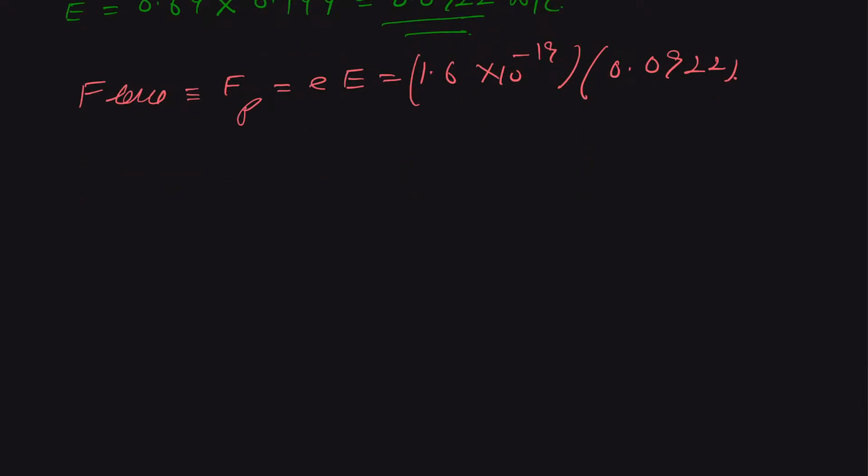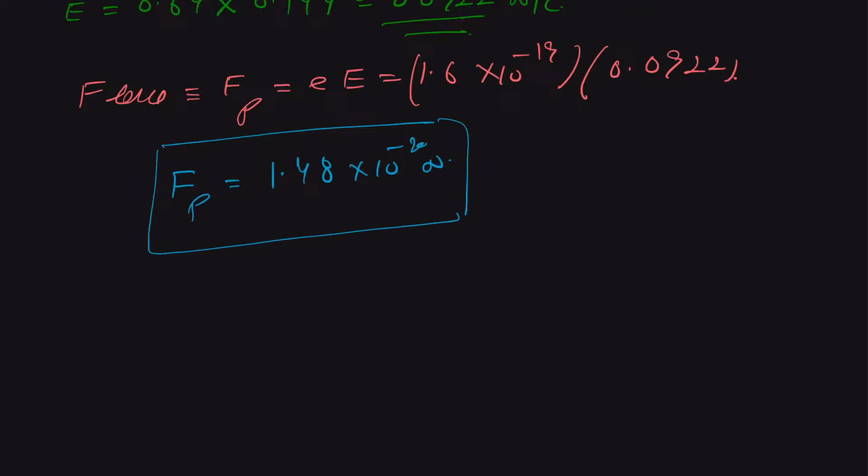Therefore our force on the proton is equal to 1.48 into 10 to the power minus 20 Newton, and its direction will be towards the pion. Direction will be towards a pion, not pinion.